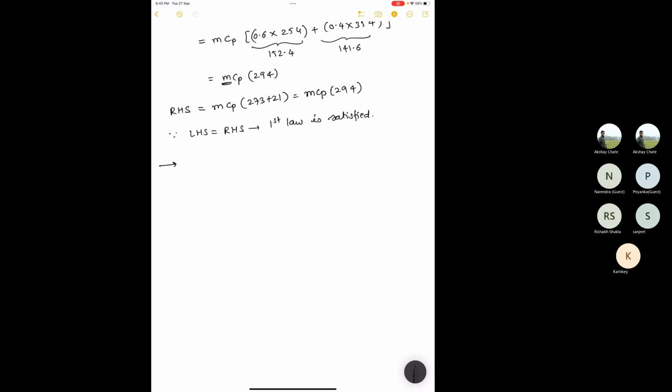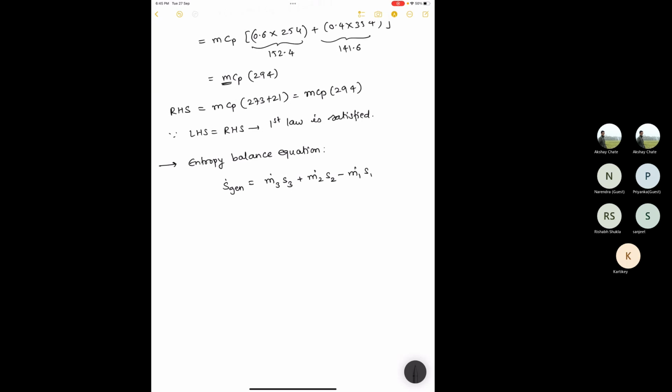Now check the second law, the entropy balance. You can mention the entropy balance equation. Here there is no Q term, so the summation of Q by T goes to 0. So directly S_gen will be m dot 3 S3 plus m dot 2 S2 minus m dot 1 S1.